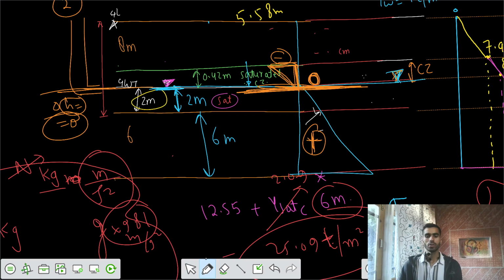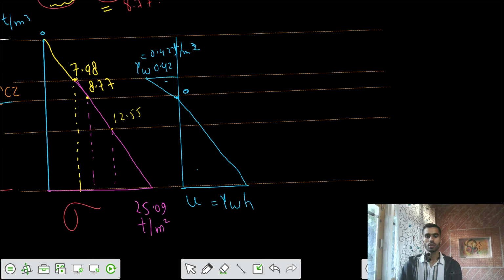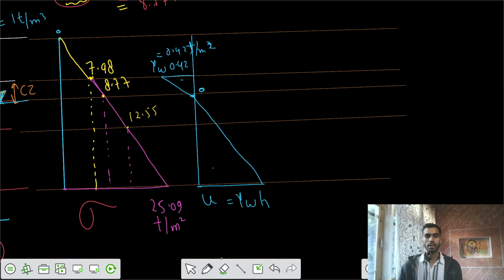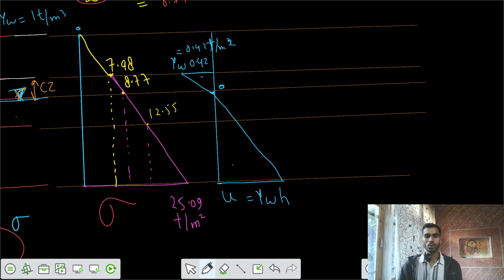Finally, h is equal to 8 meters. So the final value is 8 tons per meter square. And this would be 2 tons per meter square.